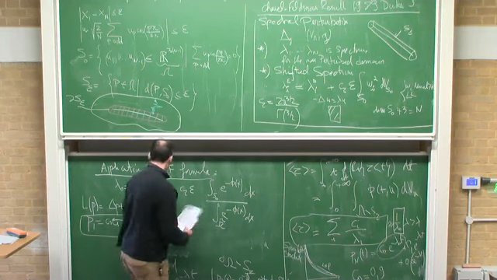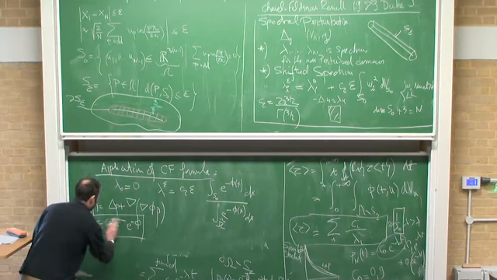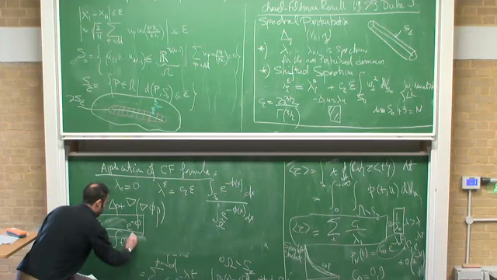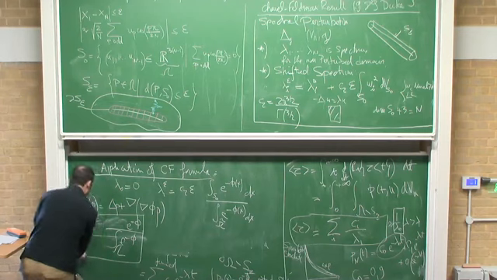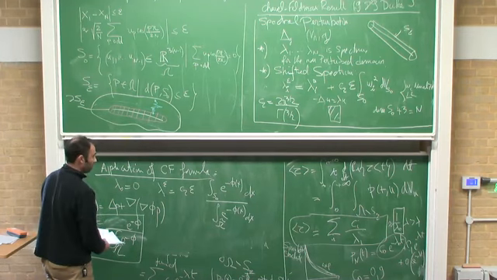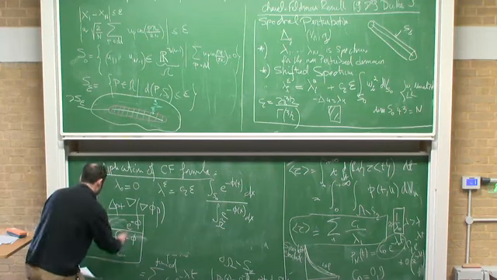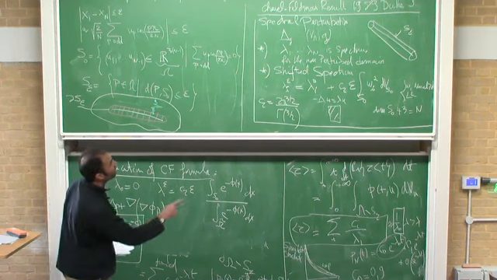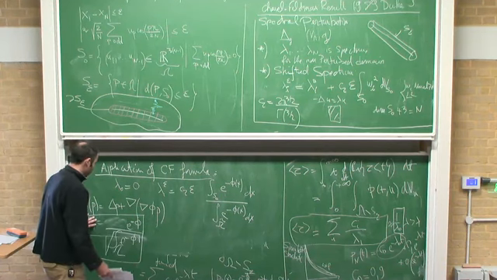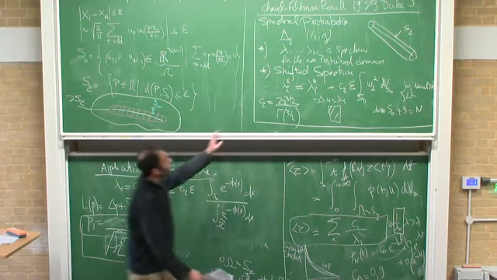So P1 is equal to this, divided by the integral of exponential minus phi over the whole domain. Now I took this square root.